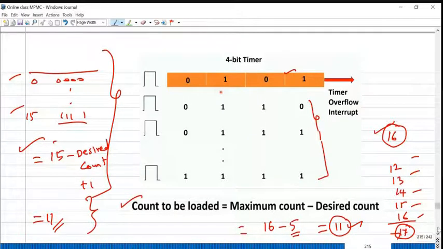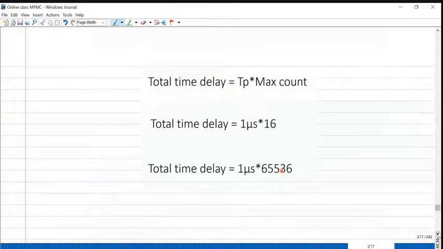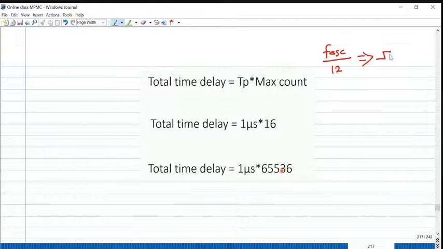So these are some basic principles, right? Okay. How does this timer generate delay? I told you that the oscillator frequency of the 8051 microcontroller is divided by 12, and this clock frequency goes to the timer circuit.